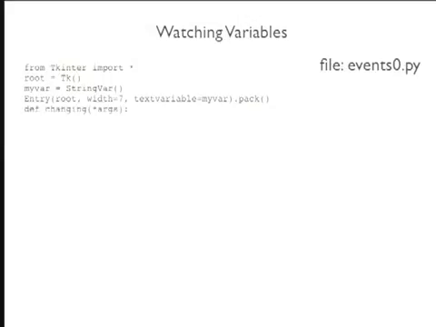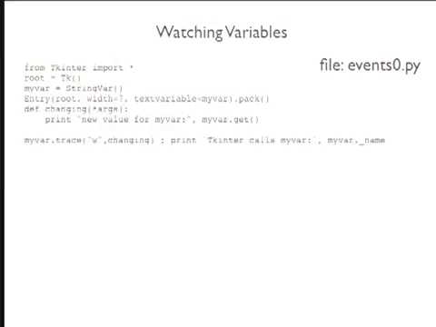I'm now going to create a function which will say what the new variable is. And all these variables declared in this way will have various different methods. One will be set, and the other will be get, so I can get the value of that variable. And then for us to do this, we have to create a callback.